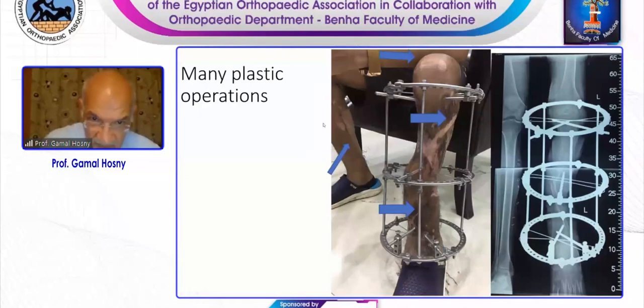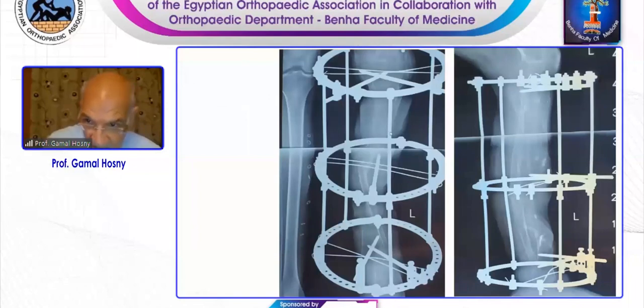Look at the normal side. And look at the normal femur. And you see the regenerate, the bone defect, severe osteoporosis, and a frame with severe pin tract infection.